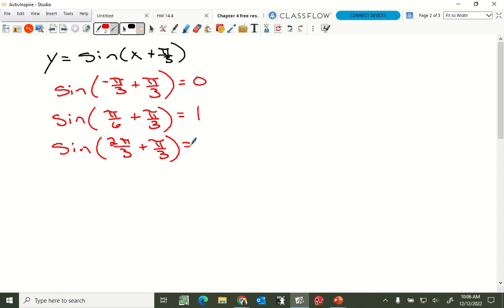Two pi over 3 plus 1 pi over 3 should give me 3 pi over 3. 3 pi over 3 reduces, 3 over 3 reduces to just 1 pi. Sine at 1 pi, which is all the way to the left of my unit circle, which is going to give me 0.